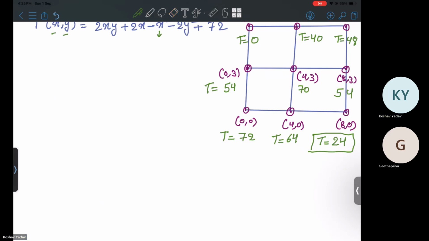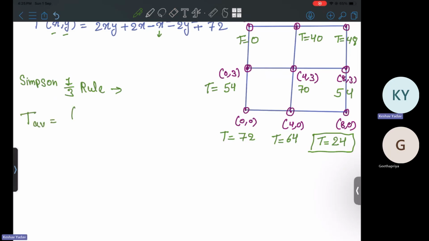So now suppose I want to use Simpson 1/3 rule to find out the T average.